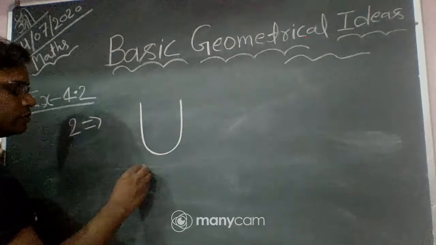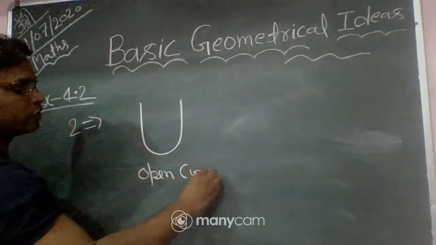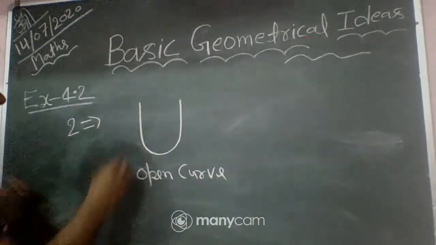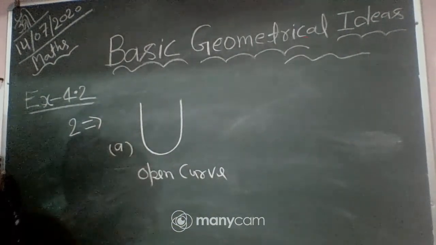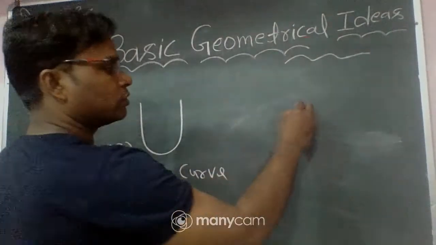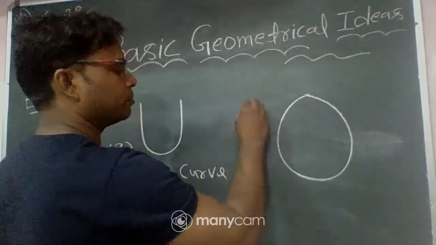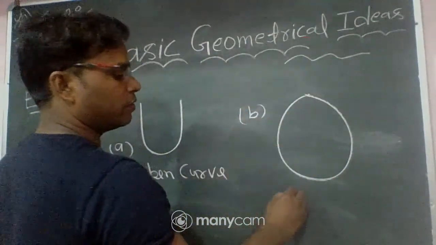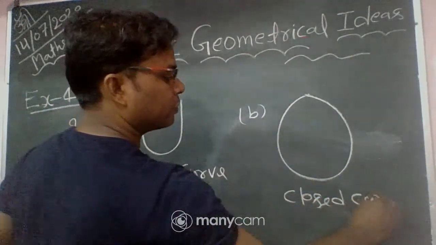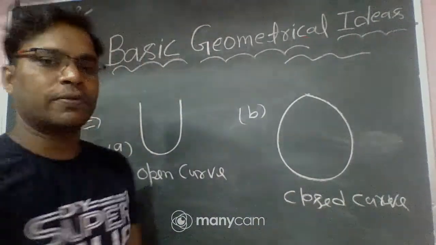Second, this is part A, and part B is a closed curve. So we draw a closed curve like this. This is a closed curve, part B.